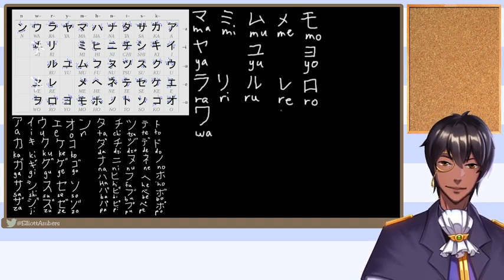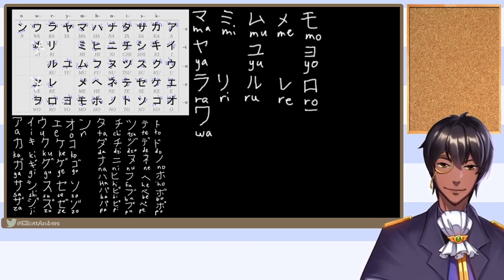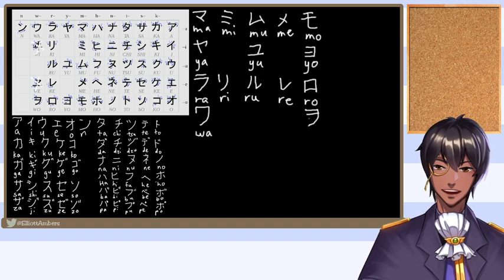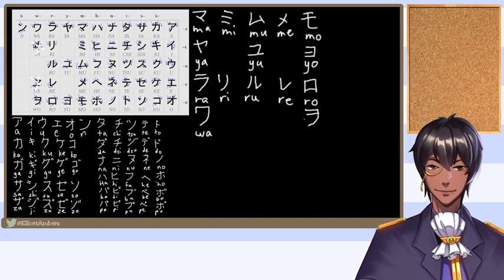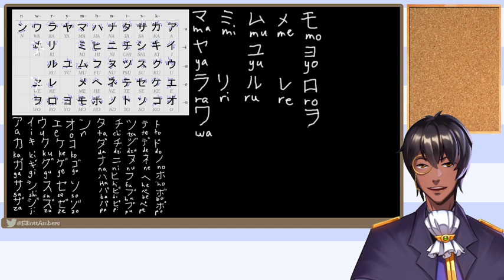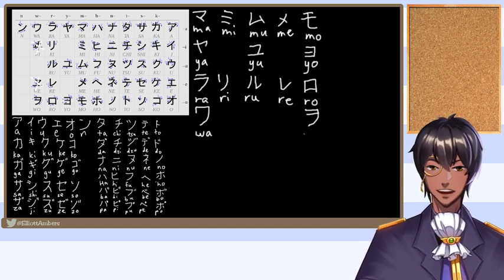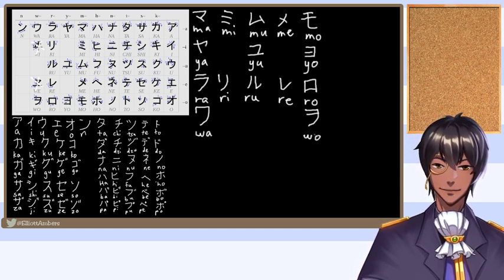And then wo. I feel like I don't see wo very frequently either, because the main time you see it is in its hiragana form as a particle. But I feel like there's not many words, like English loanwords, that use the wo sound.